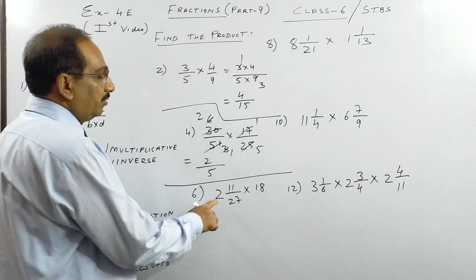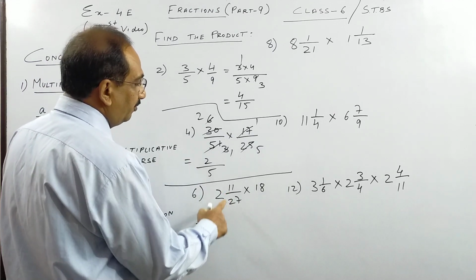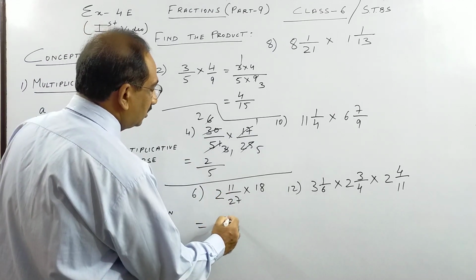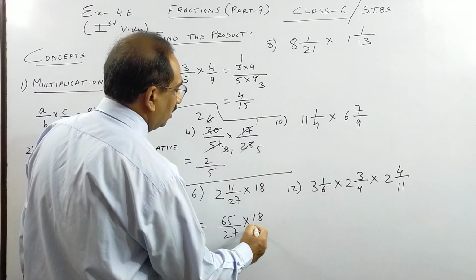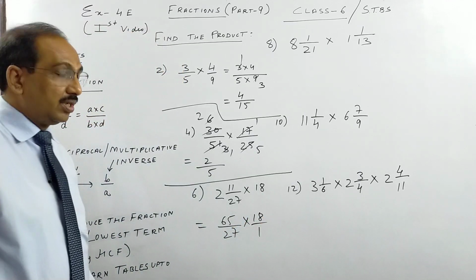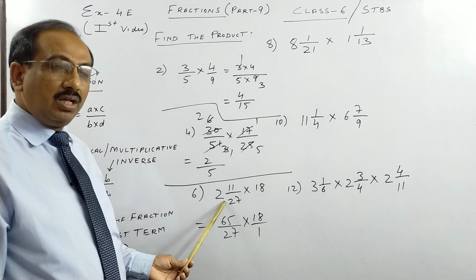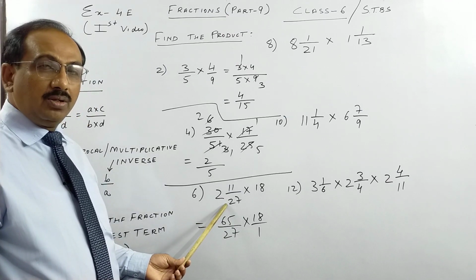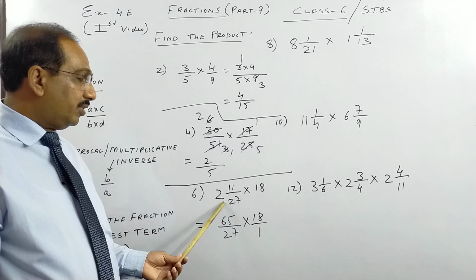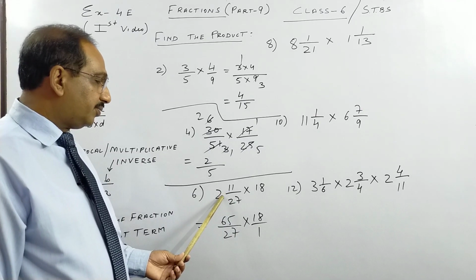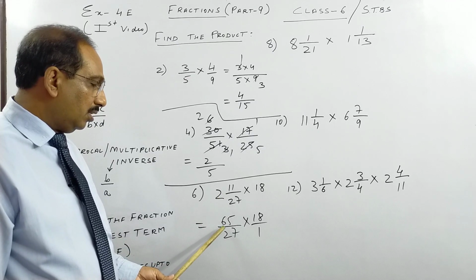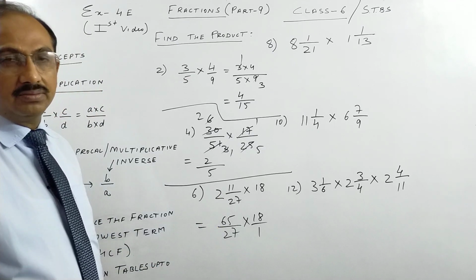So 27 twos are 54, 54 plus 11, 65 by 27 into 18. If nothing is there, you can write 1. And please do remember, in one particular video in the beginning of my earlier parts, I have taught you how to convert a mixed fraction into an improper fraction.